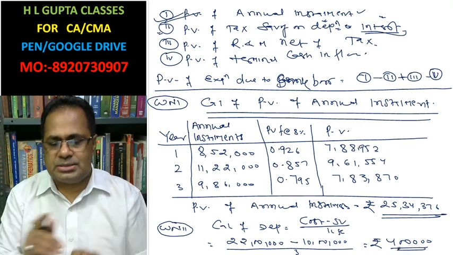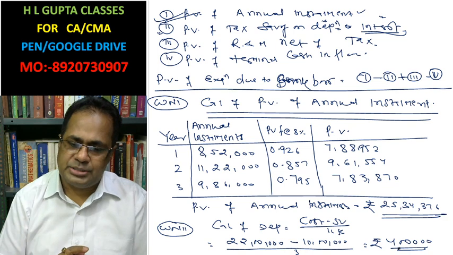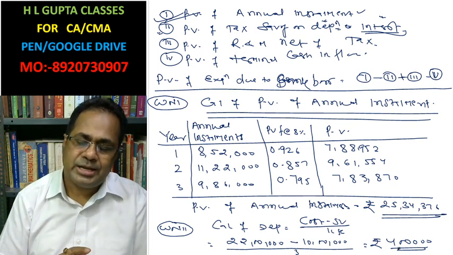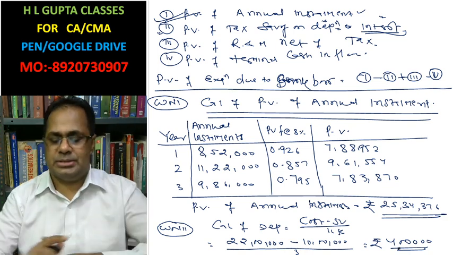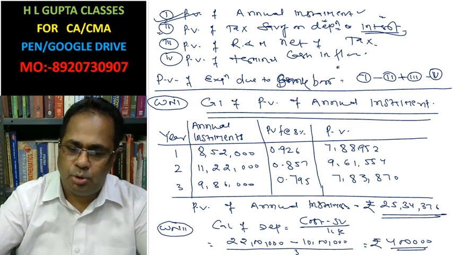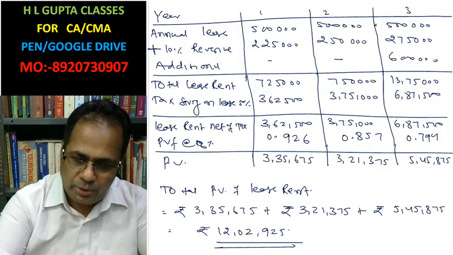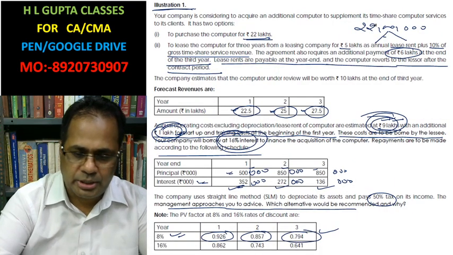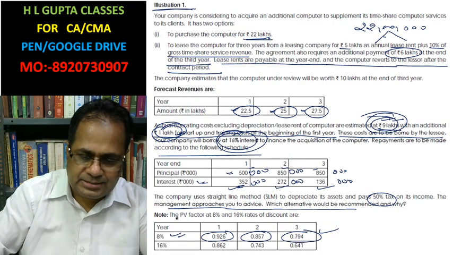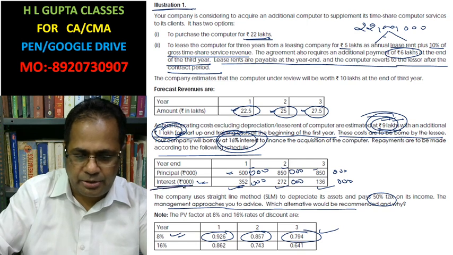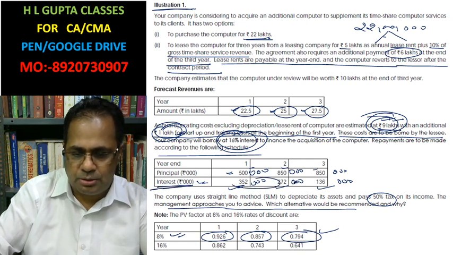If interest is not available in the question, then you have to calculate interest. Now we have already calculated depreciation. Interest is given in the question: 3,52,000, 2,72,000, 1,36,000.